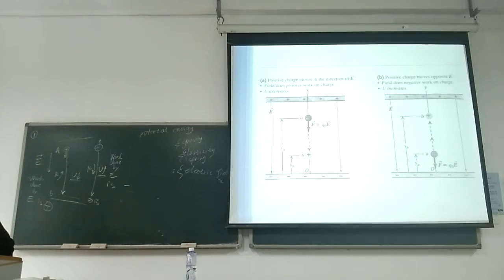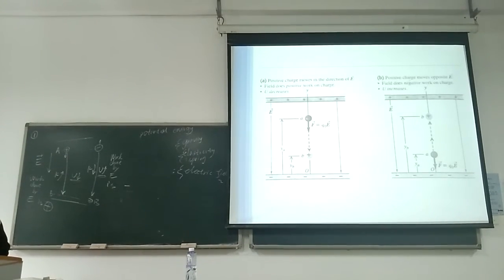For example, as shown here, if a positive charge moves in the direction of E, the field does positive work on the charge. Therefore, the potential energy of the electric field decreases.